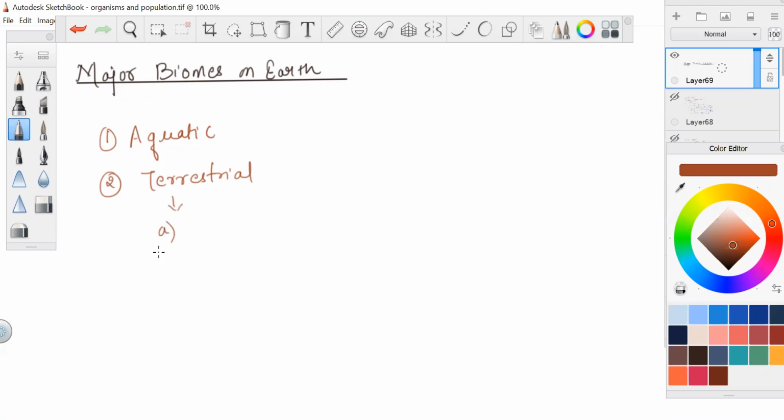Many will come. Deserts, grasslands, tropical forest. They are the major biomes.